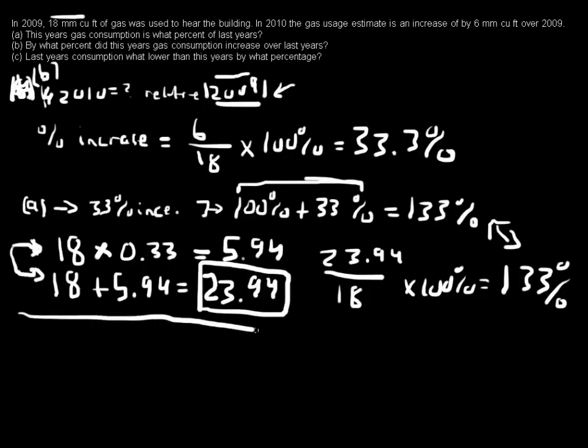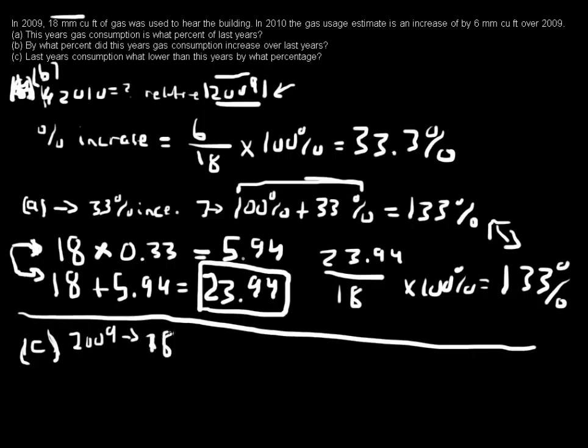So now let's solve for C. Last year's gas consumption is how much lower than this year's, by what percentage. Now we're comparing last year's relative to this year. Since it's relative to this year, you know that this year will be in the denominator. So you know that 2009, from the question above, you used 18.